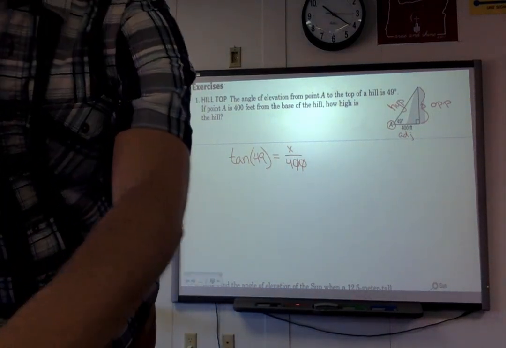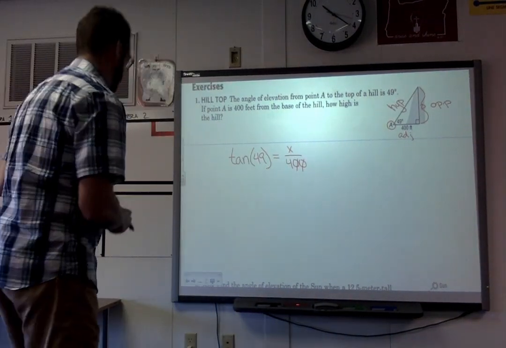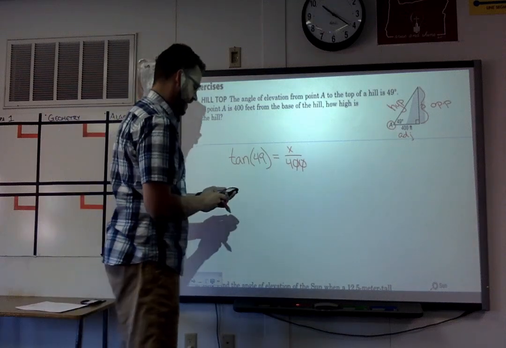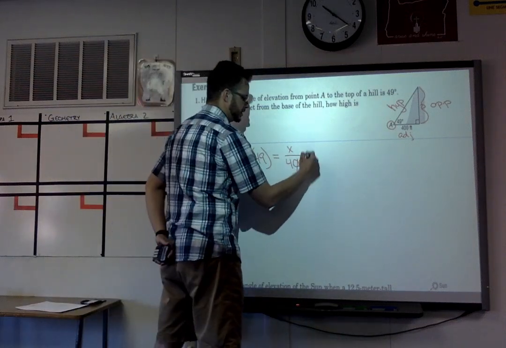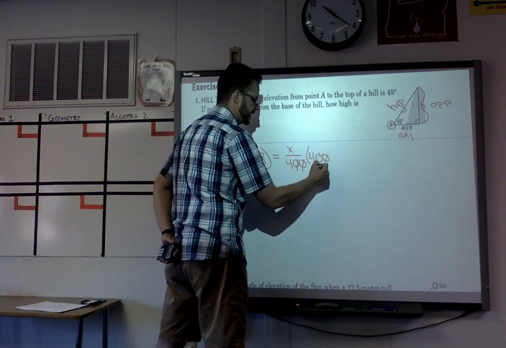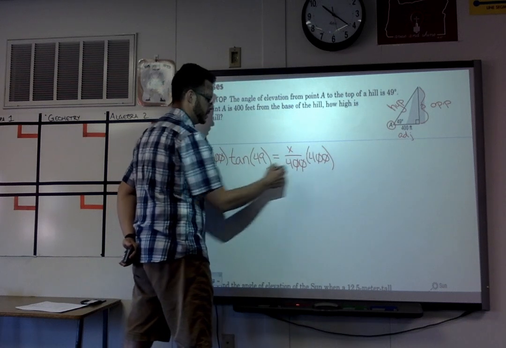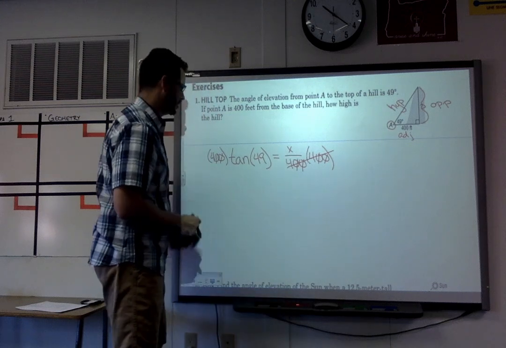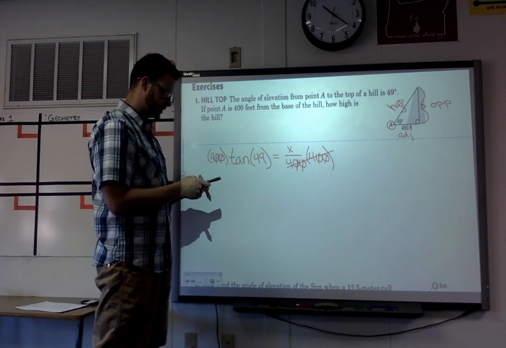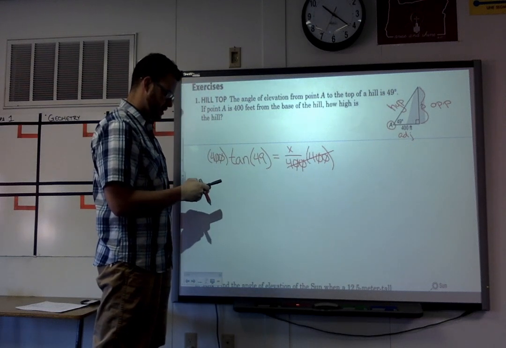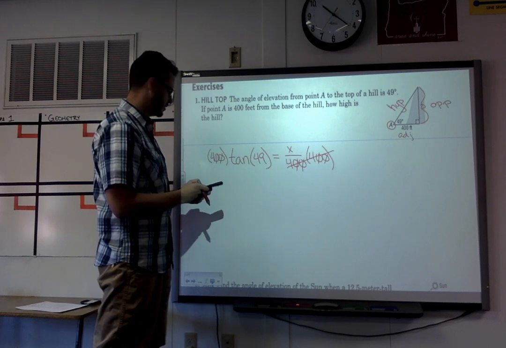Then, grab my calculator here. In order to solve this, we need to get the x by itself. So we're going to multiply both sides by 400. Those cancel. So now we're going to do the tangent of 49 times 400.